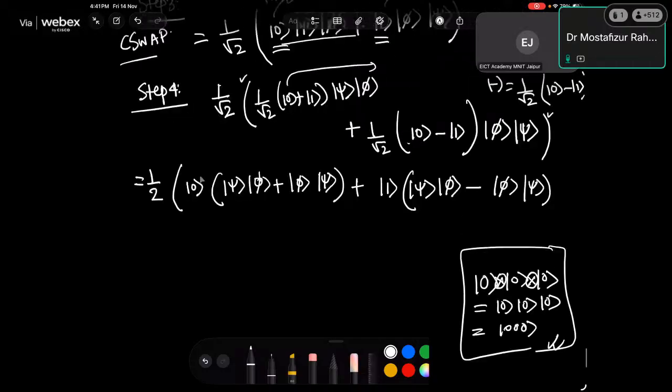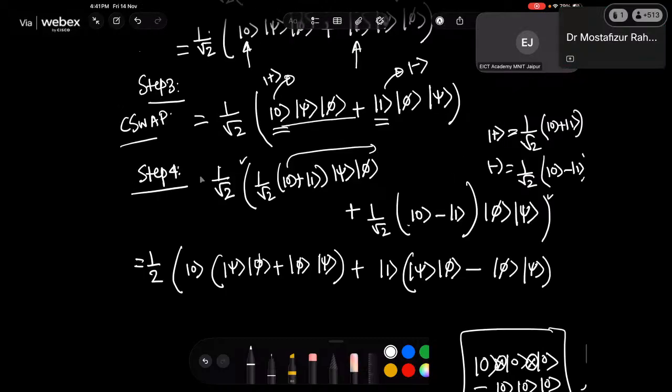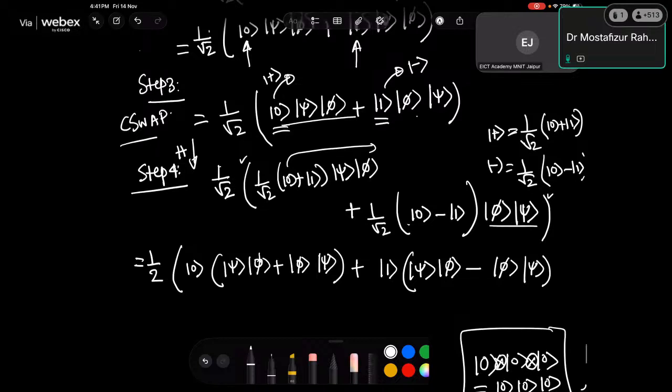Here, from step 3 to 4, again I applied Hadamard. So this 0 becomes 0 plus 1, and this 1 becomes 0 minus 1, and the other states are kept as they are. This part and this part are the same, this part and this part are the same. Just 0 becomes 0 plus 1, 1 becomes 0 minus 1.